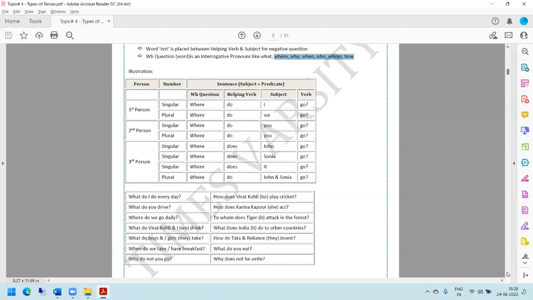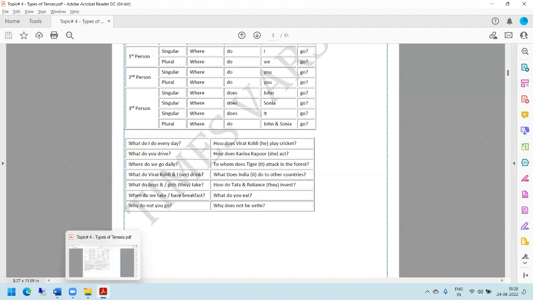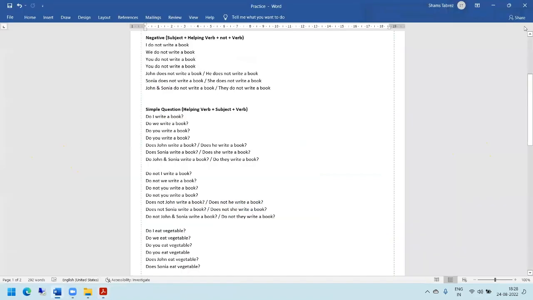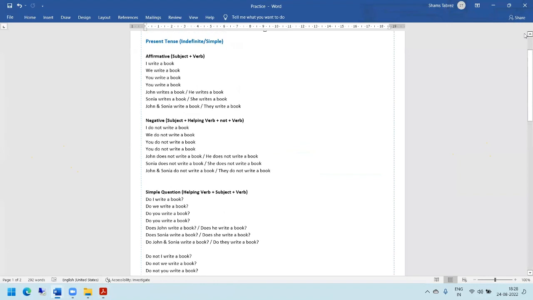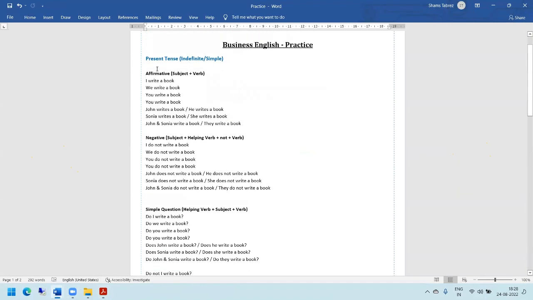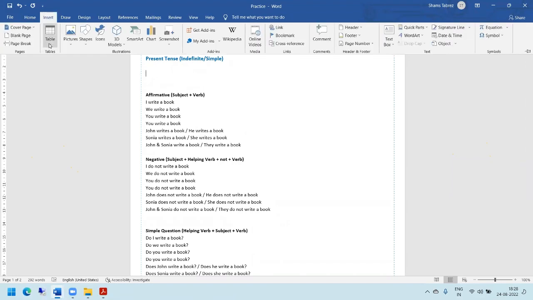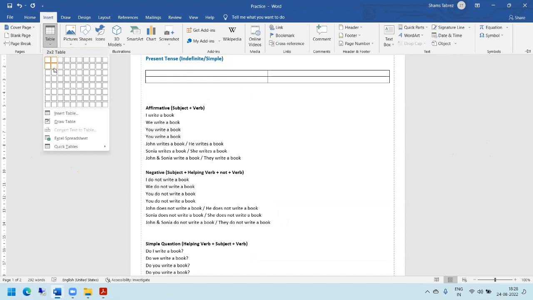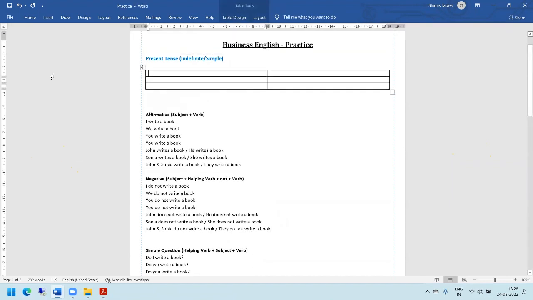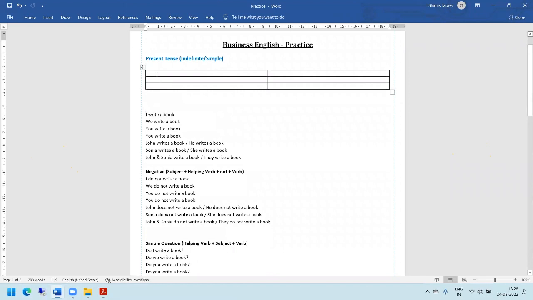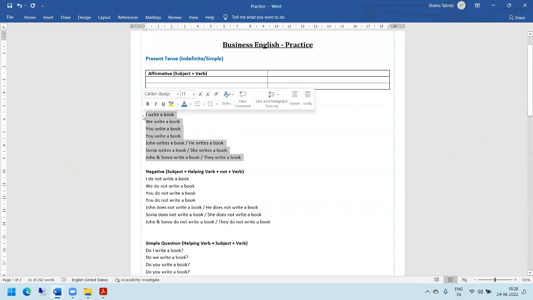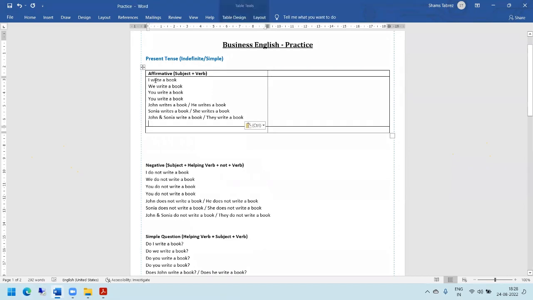So now we will make sentences and then we will have more clarity. Okay, so let me put it this way. Let's add a table so that we can easily compare. In this table, we will have affirmative, with the subject, and here these are the sentences in affirmative.